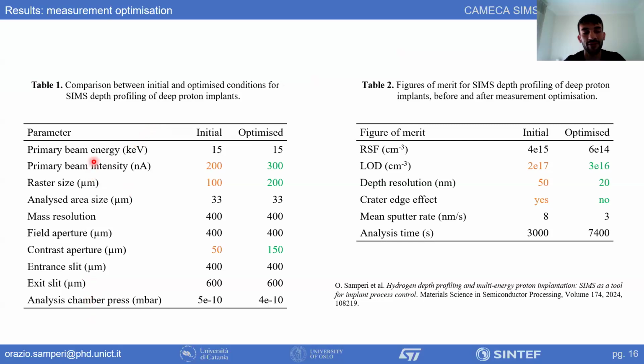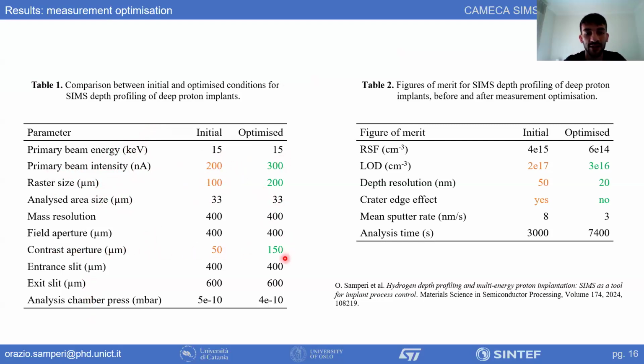As you know, you have a lot of parameters you can adjust during the SIMS measurement, but there are some that you adjust more frequently. For example, the primary ion beam current or intensity, the raster size, but also the analyzed area. And another parameter I played on is the contrast aperture.